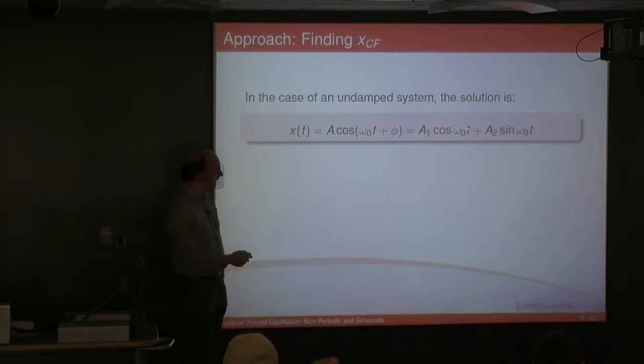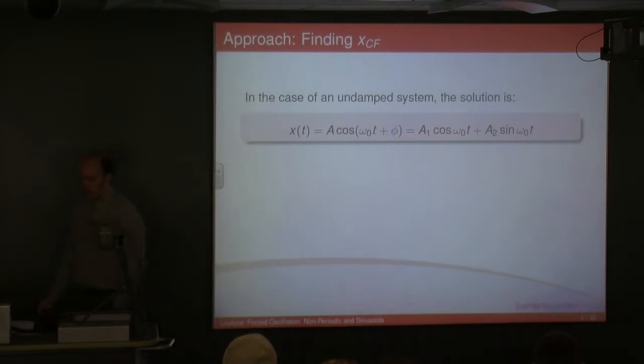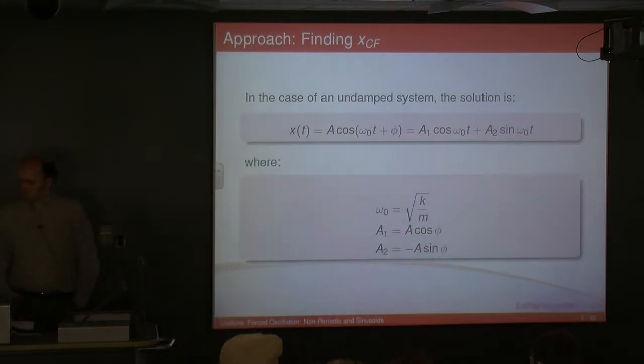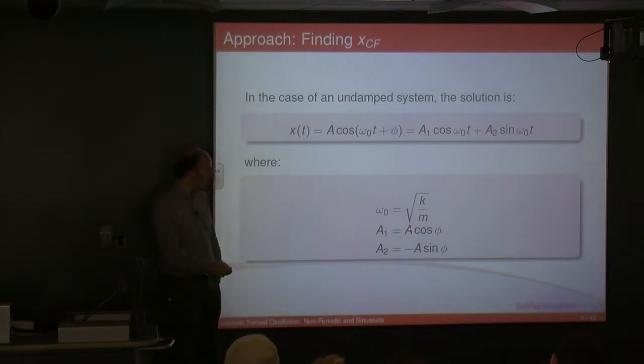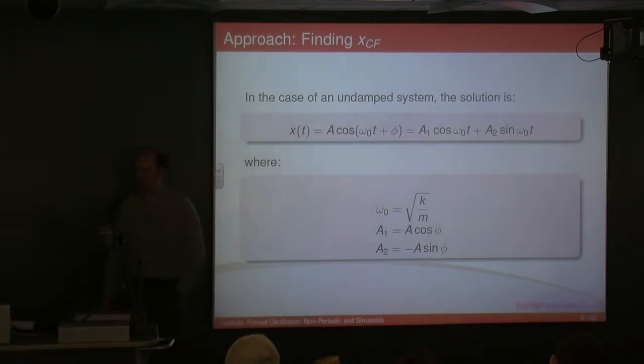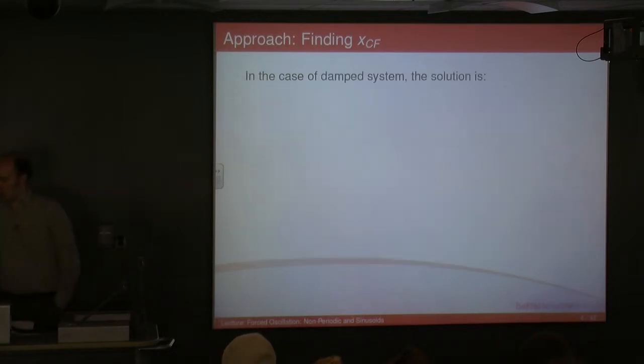You can also write that in terms of A1 and A2, which we covered last week, the fact that these two things are equivalent. You saw that in the tutorial as well. Omega naught is root k upon m. A1 is A cosine phi, and A2 is minus A sine phi.